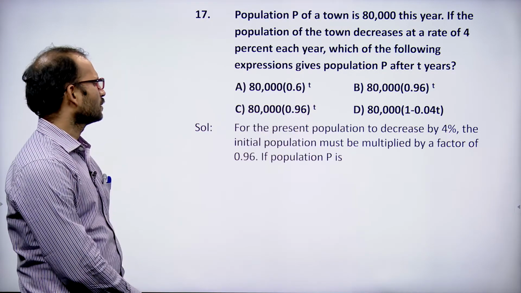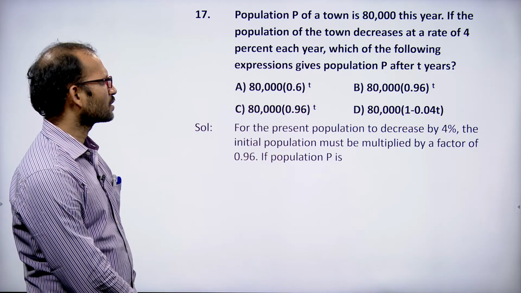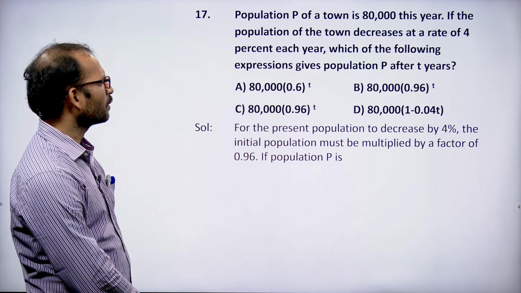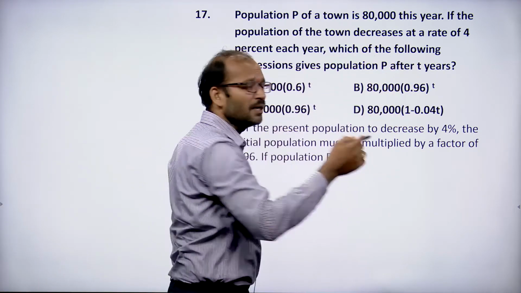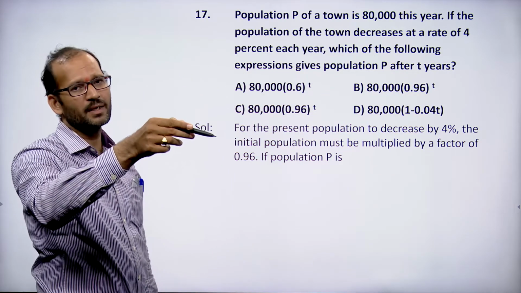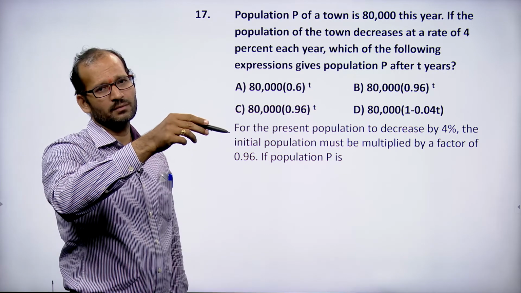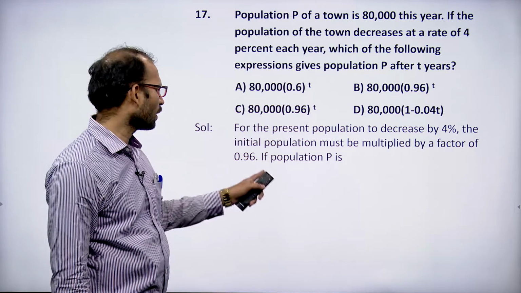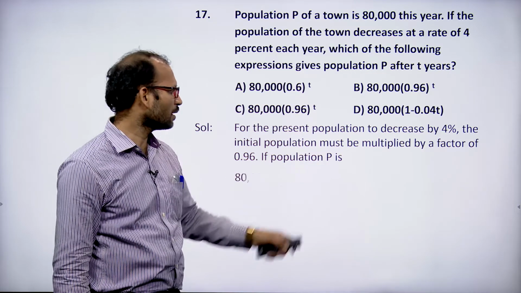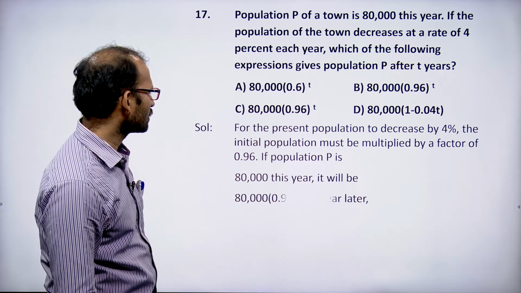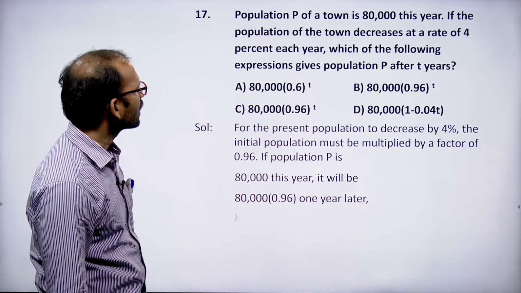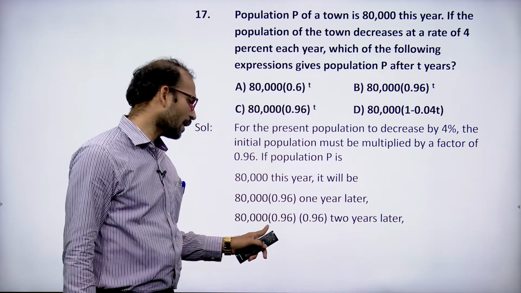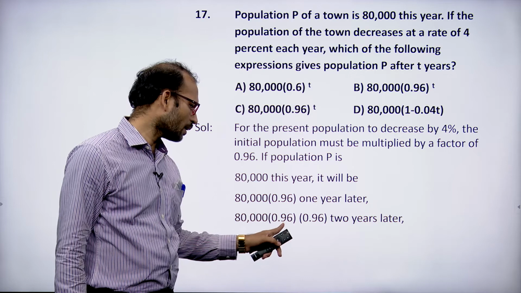right. So for the present population to decrease by 4%, the initial population must be multiplied by a factor of 0.96. Because 4% is decay, we write 1 minus 0.04, so therefore 0.96. This year it will be 80,000, and 1 year later 80,000 into 0.96. After 2 years it is 80,000 into 0.96 into 0.96.